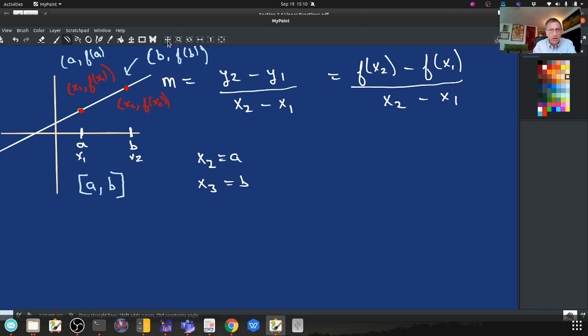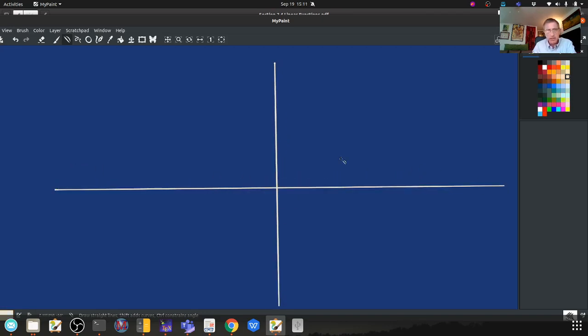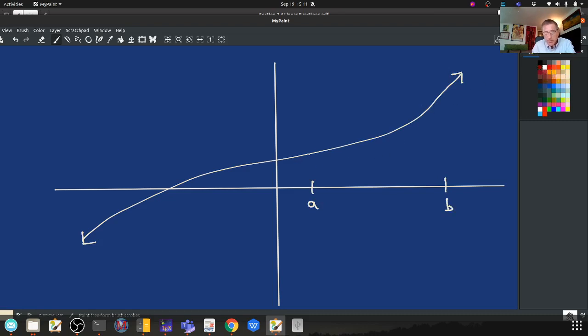So I'm going to have to draw again a really quick, bigger Cartesian plane, and this time I'm drawing a function. So that's my function. Here's my A, and here's my B. Now notice this is not a straight line, but this is going to be the point A, f of A. So this is f of x right here.